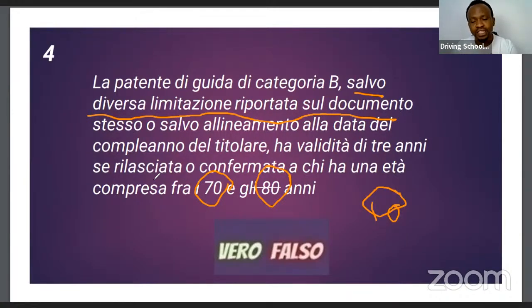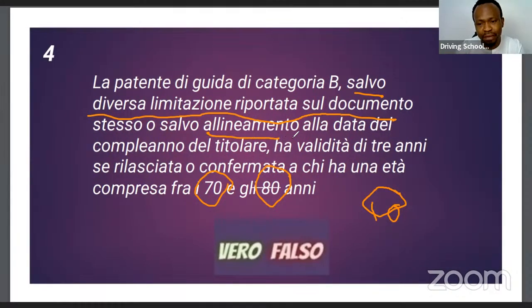So it will be the same month and the same day. If you can just do me a favor, check your carta de identità if the expiring date falls maybe on your birthday. Maybe it might not, because like I said, what they wrote here is salvo diversa limitazioni riportata sul documento stesso o salvo allineamento alla data de compleanno del titolare.